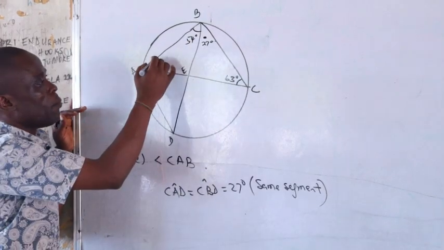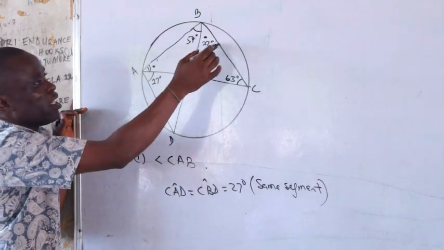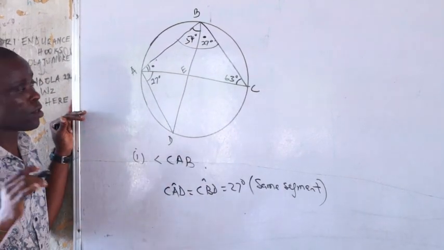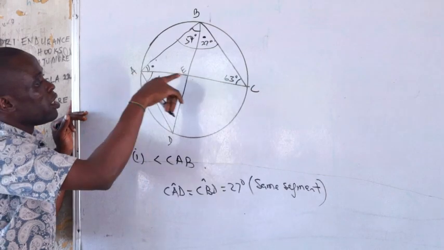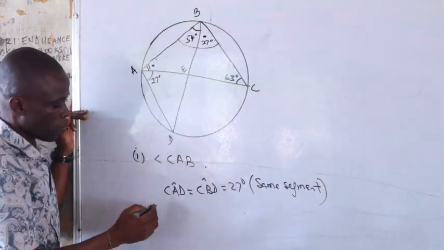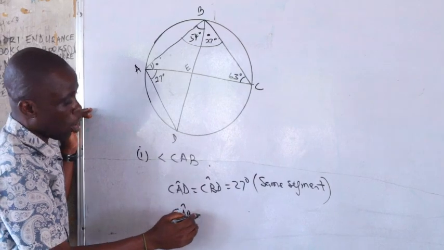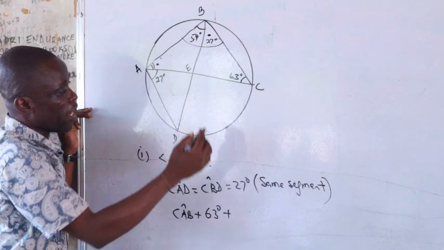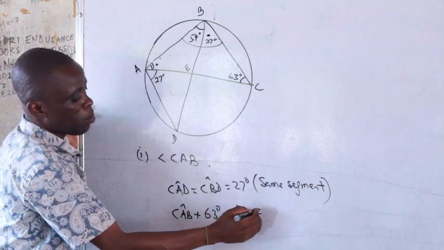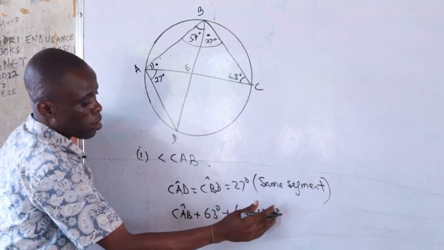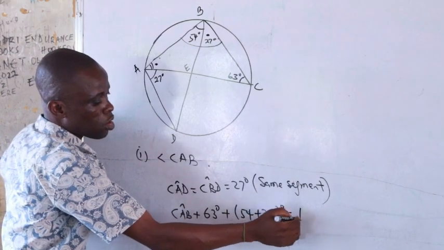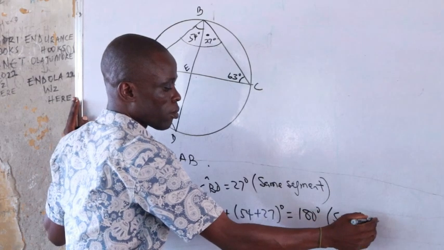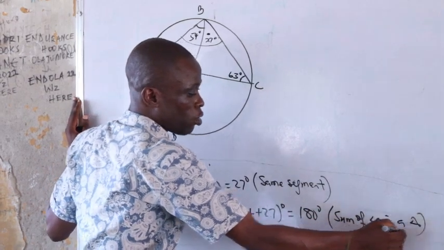Now we are looking for the angle. Don't forget that this is one angle, and a triangle has 3 angles. Now to get this angle CAB: CAB plus 63 plus the whole angle here, which is 54 plus 27 plus 27, is equal to what? 180 degrees. Reason: sum of angles in a triangle.